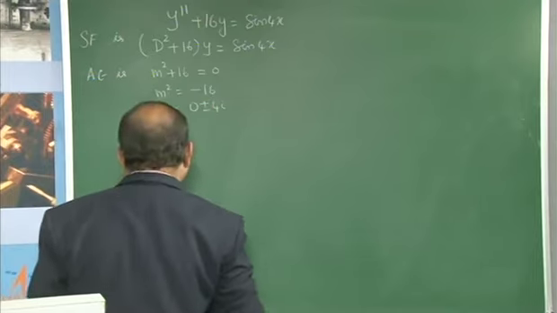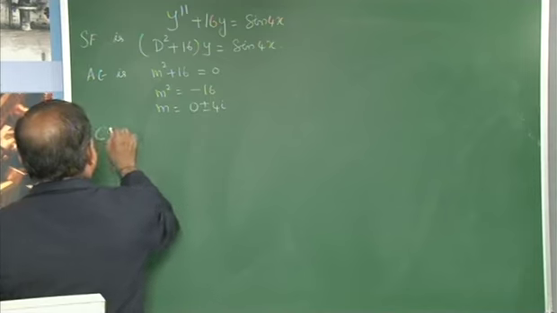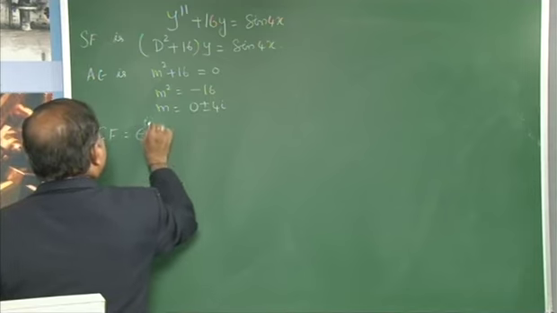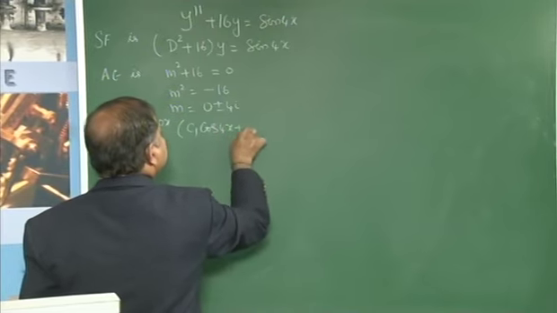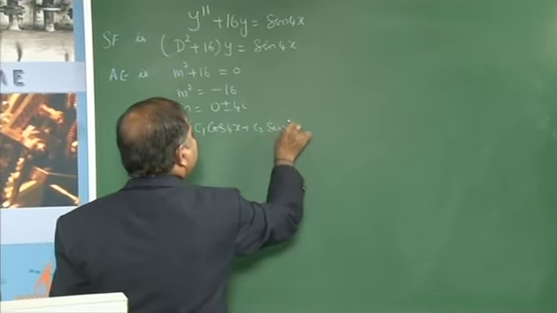I should write 0 plus or minus 4i. What is my CF? e power 0x, c1 cos 4x plus c2 sin 4x.